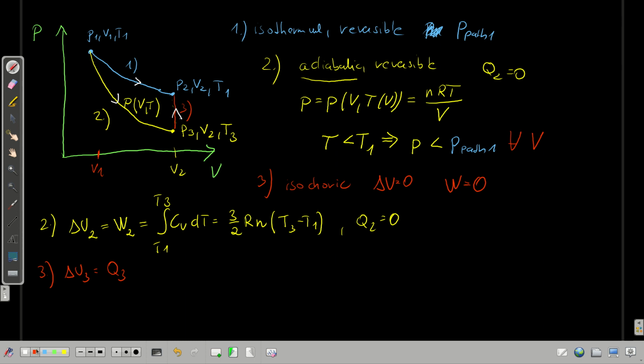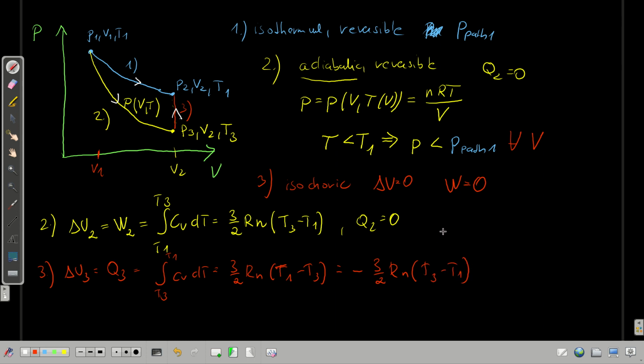And Q3 here is the integral evaluated between T3, T1, CV dT. This equals 3/2 Rn (T1 minus T3), which equals minus 3/2 Rn (T3 minus T1).